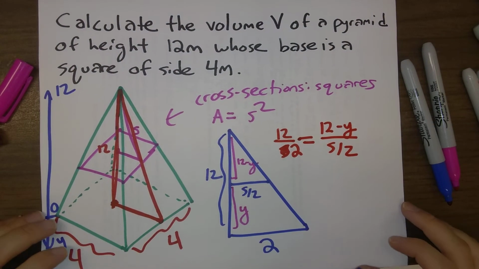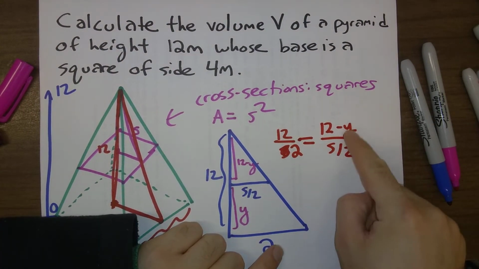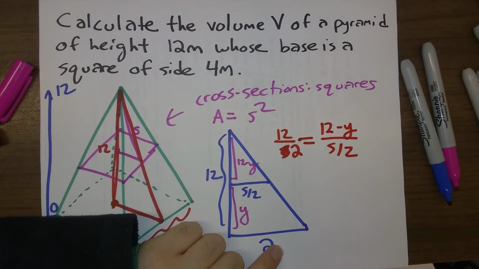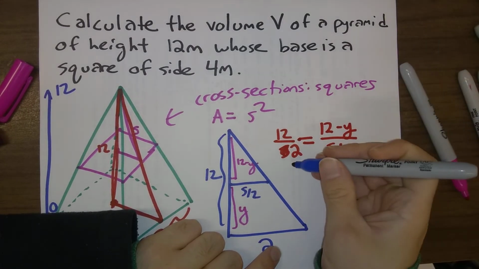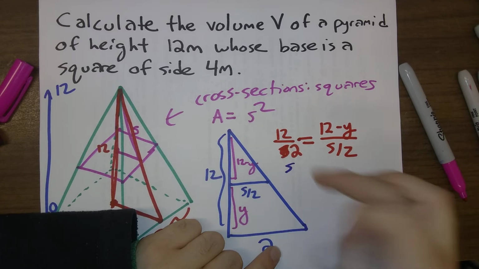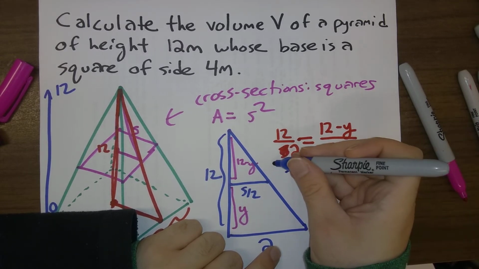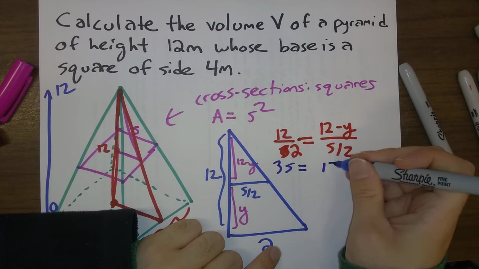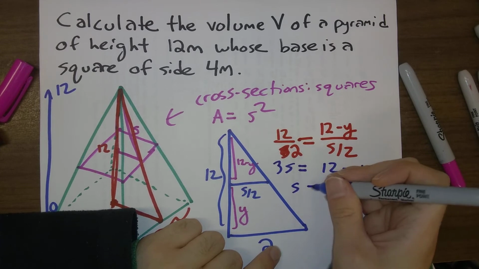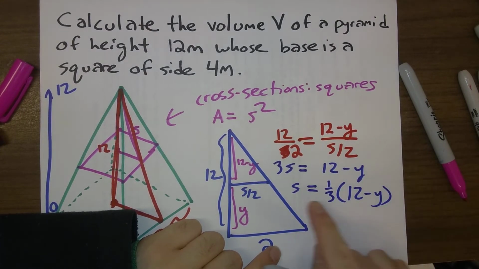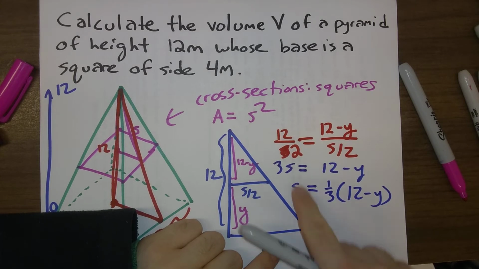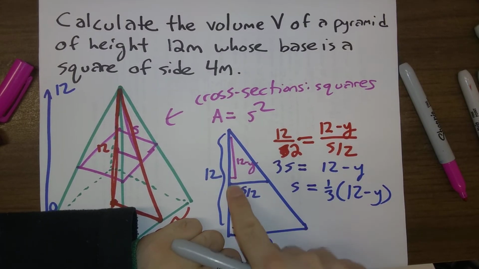And so this is an equation that relates S and y together implicitly. If we move S over 2 to the other side, we end up with S over 2 times 6, so that is 3S equal to 12 minus y, or S is equal to 1/3 times 12 minus y. So now we have S in terms of y, the height here.